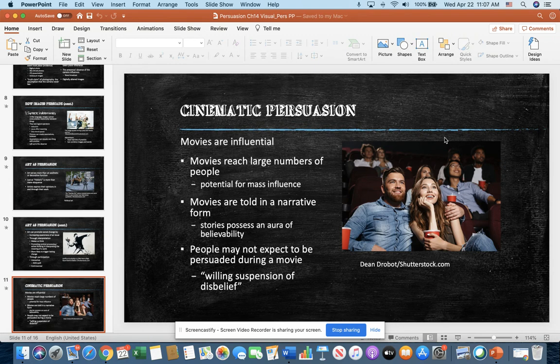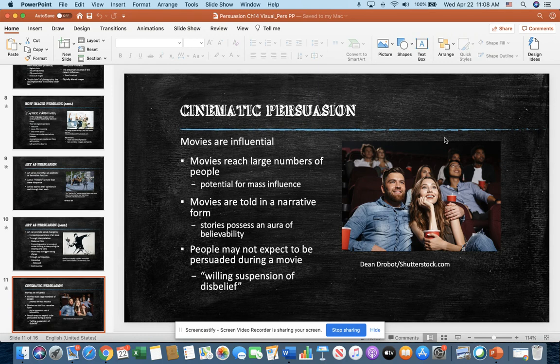And when you tell a story, people's defenses go down, they're not as ready for a fight, they're more relaxed, they're more at ease, and aren't expecting persuasion. So persuasion, we might say, is coming through the back door.